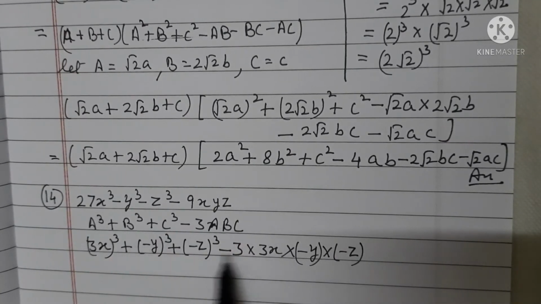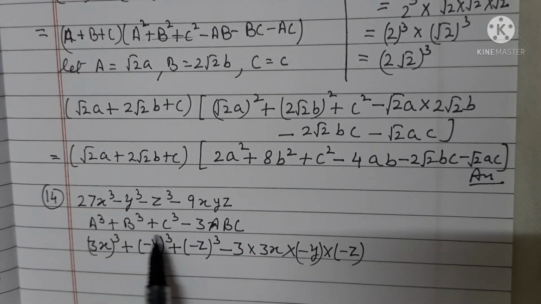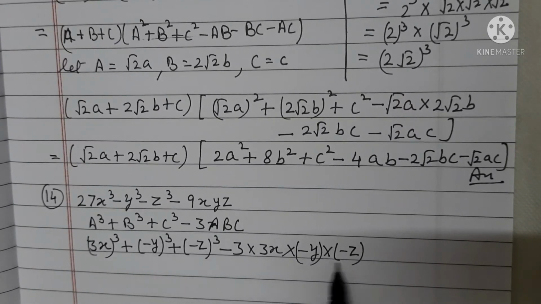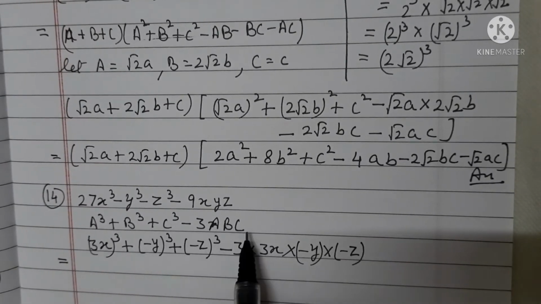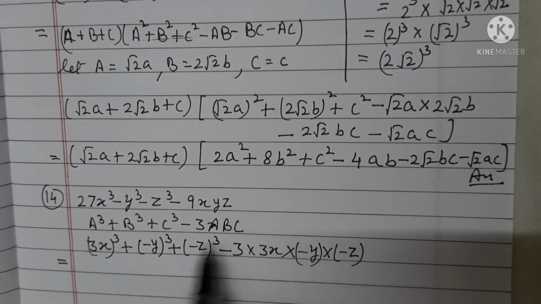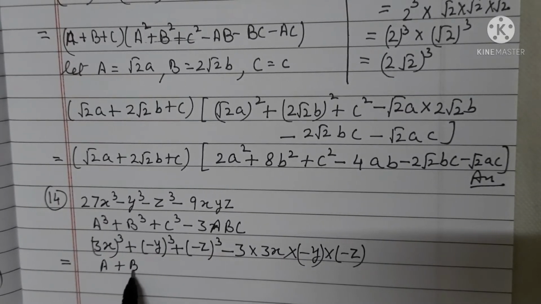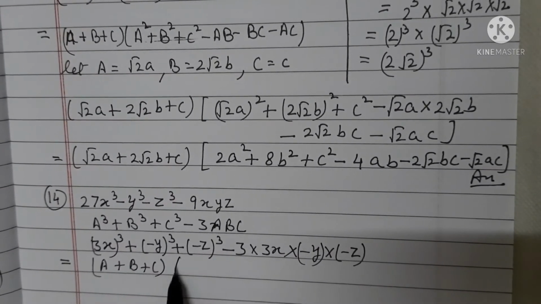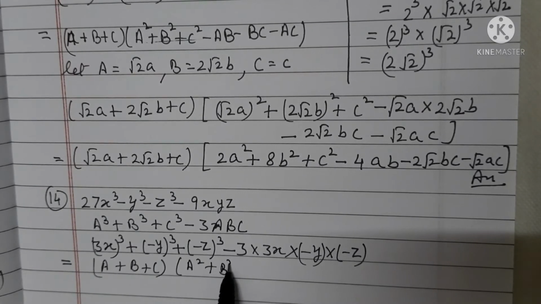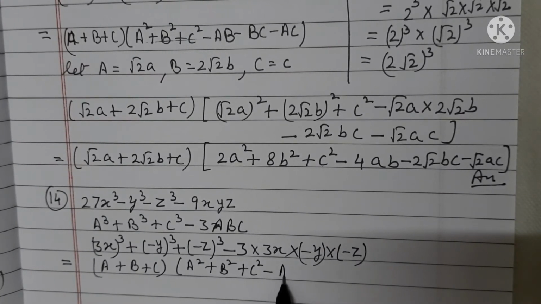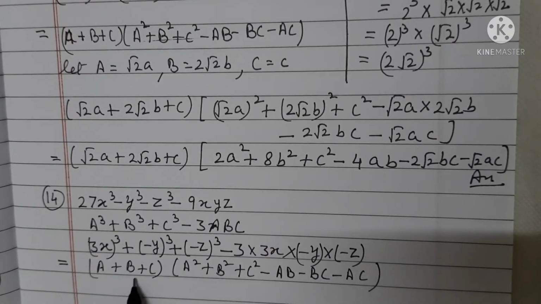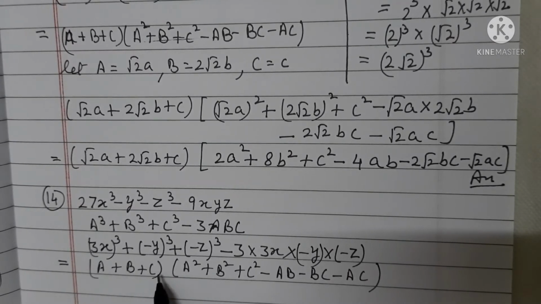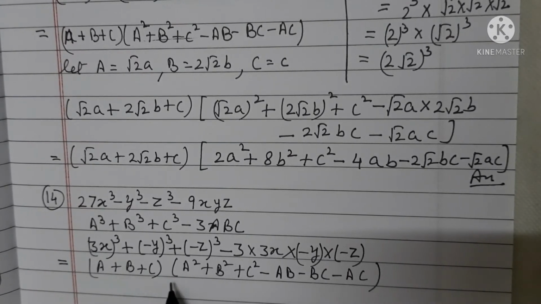It means this is a cube plus b cube plus c cube minus 3abc in this form, and you can factorize it to a plus b plus c, and a square plus b square plus c square minus ab minus bc minus ac. Now substitute the values: a means 3x, b means minus y, c means minus z, and get the answer.